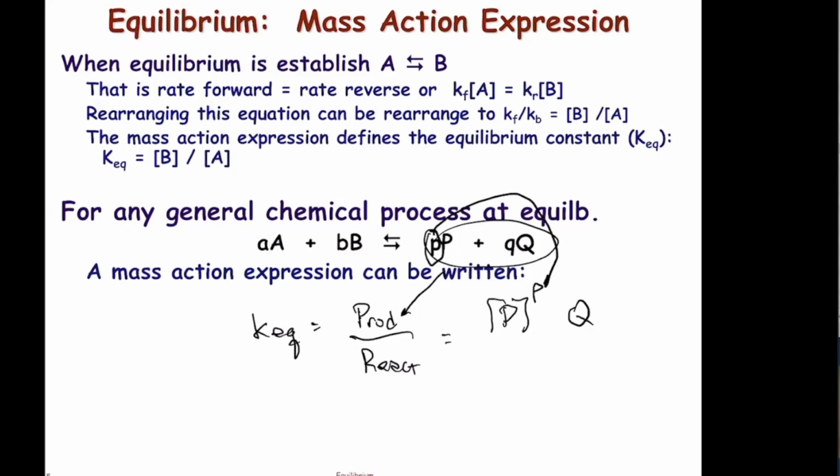Concentration of Q taken to the q power, divided by concentration of A taken to the a power, concentration of B taken to the b power. When you have all these concentrations and you use this expression, then you have the equilibrium constant.